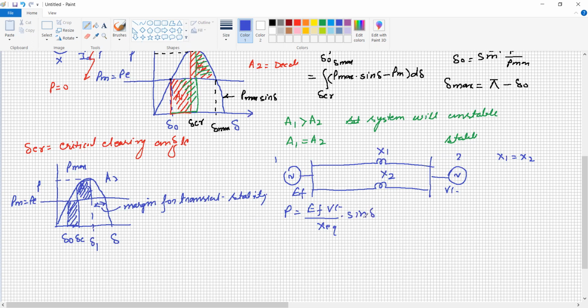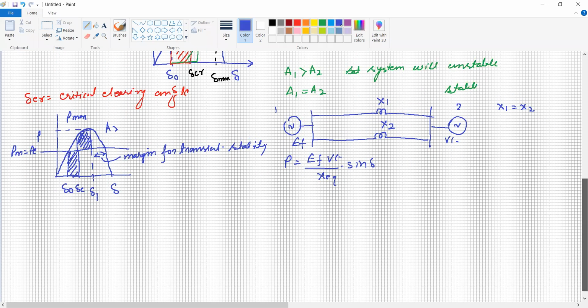And definitely the equivalent reactance is smaller than the single line reactance. Okay, so under such condition, the system has more area, or this is the curve, it is P maximum.